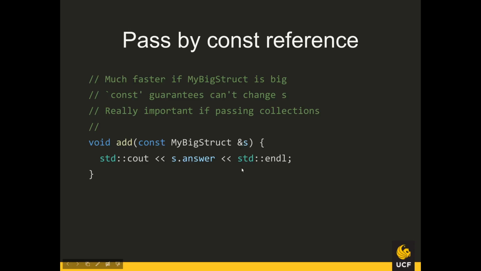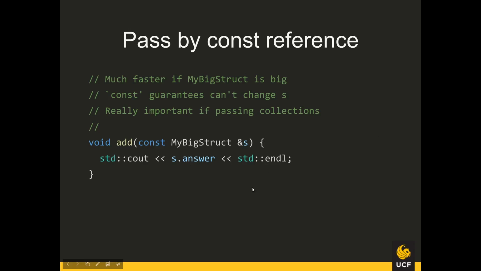Without the reference, the compiler has no choice but to actually copy those bytes into the context of the called function. So all of that stuff is going to get pushed on the stack, and then it's going to have to go through and copy everything. And if you have something where a function is called over and over or recursively, then, I mean, you're adding a bunch of runtime overhead that you don't need.